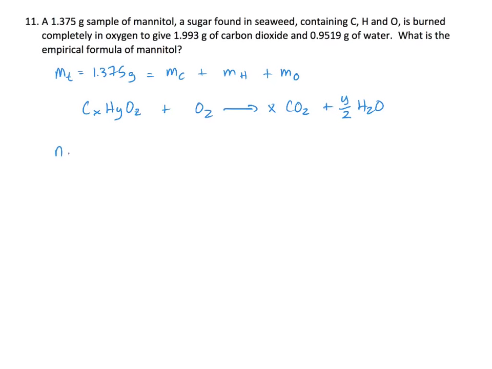So we're going to start out with the CO2. We could say that the moles of CO2 that is produced is mass over molar mass: 1.993 grams over 44.01 grams per mole. That equals 0.0453 mole. Great.